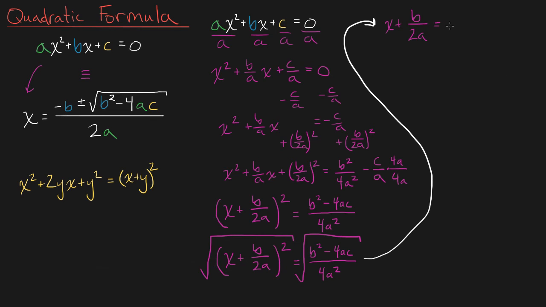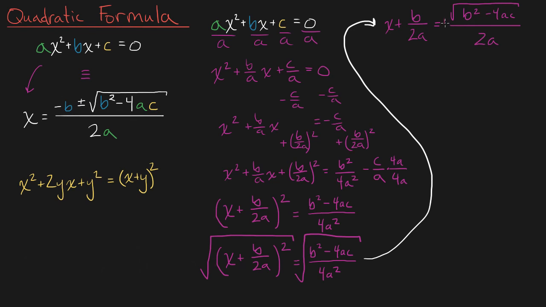And so let me write it out like that. I have the square root of b squared minus 4ac, and on the bottom I have the square root of 4a squared, which is 2a.